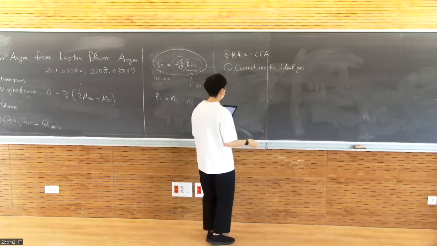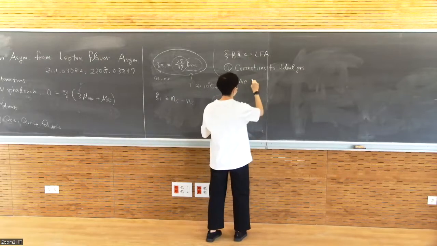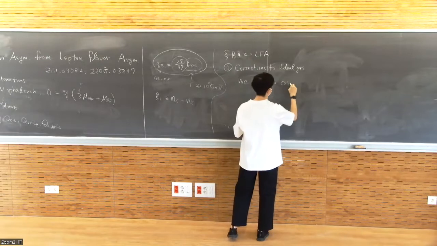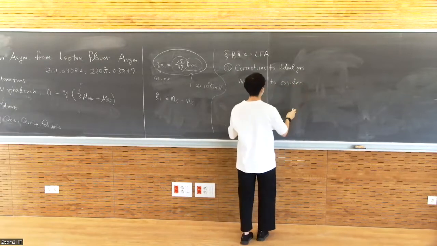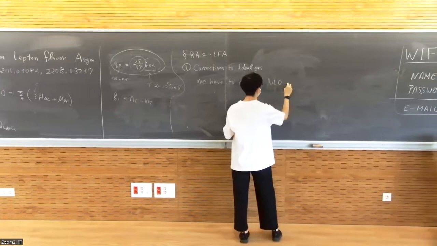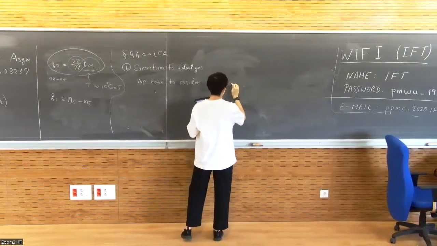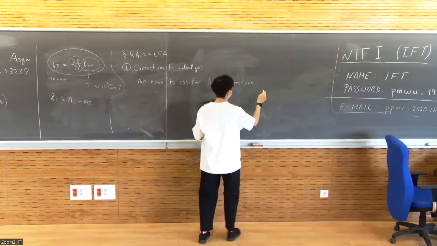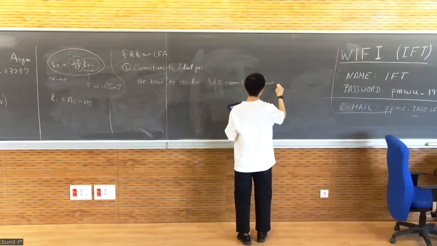So it means that we have to consider NLO corrections from lepton Yukawa.